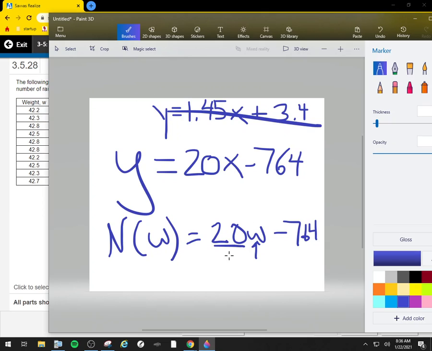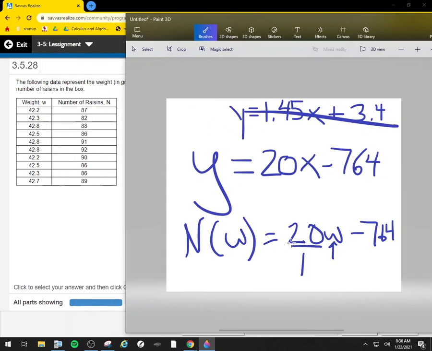And this was 20 over 1. So what I could say is that I rise 20 for every run of 1. And the way that we talk about slope in words is we can say, in general, y per x. So what's our y values here? Raisins, right?